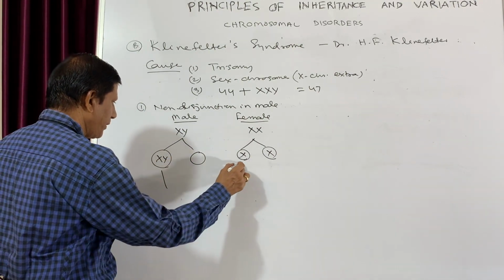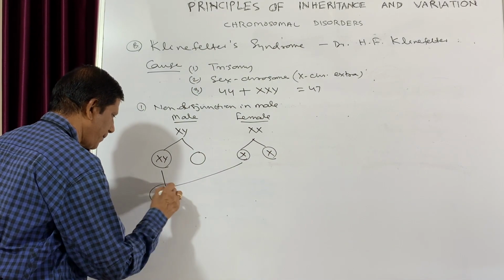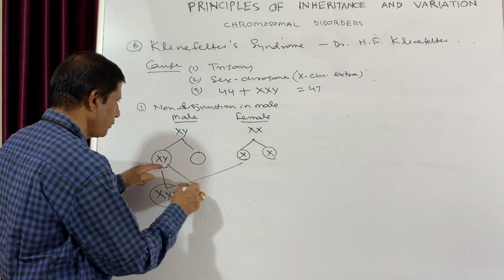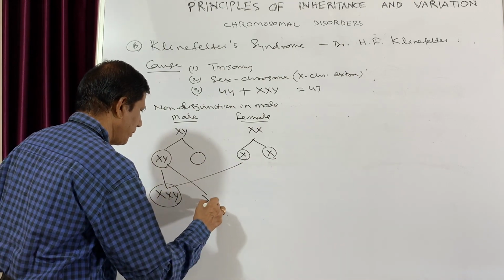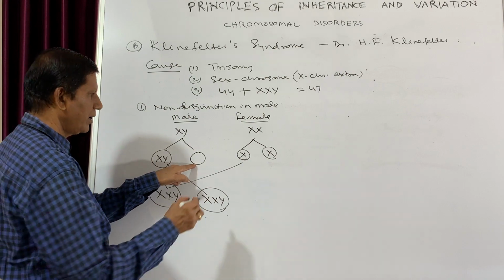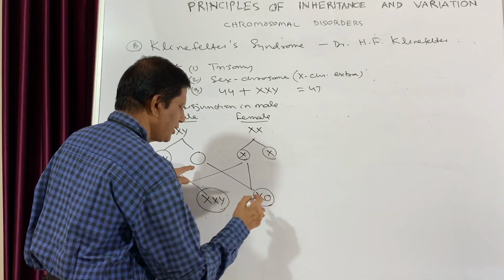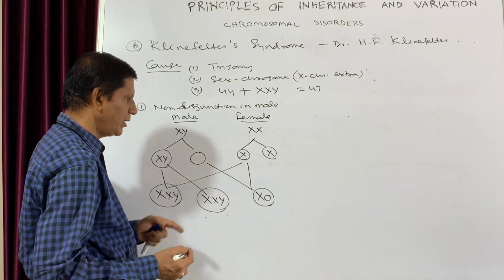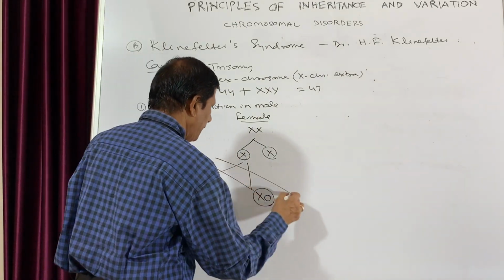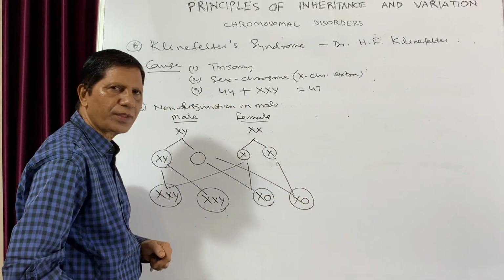If this fuses with this, it will be XXY. If this fuses with this, it will again be XXY. If this fuses with this, it will be X and 0, because no chromosome is there. Again if this fuses with this, it will be X and 0.